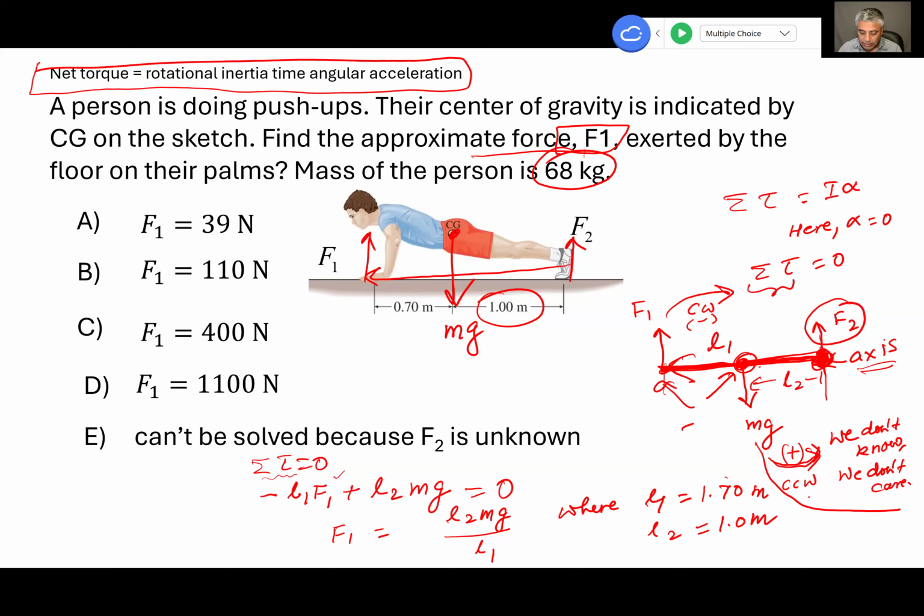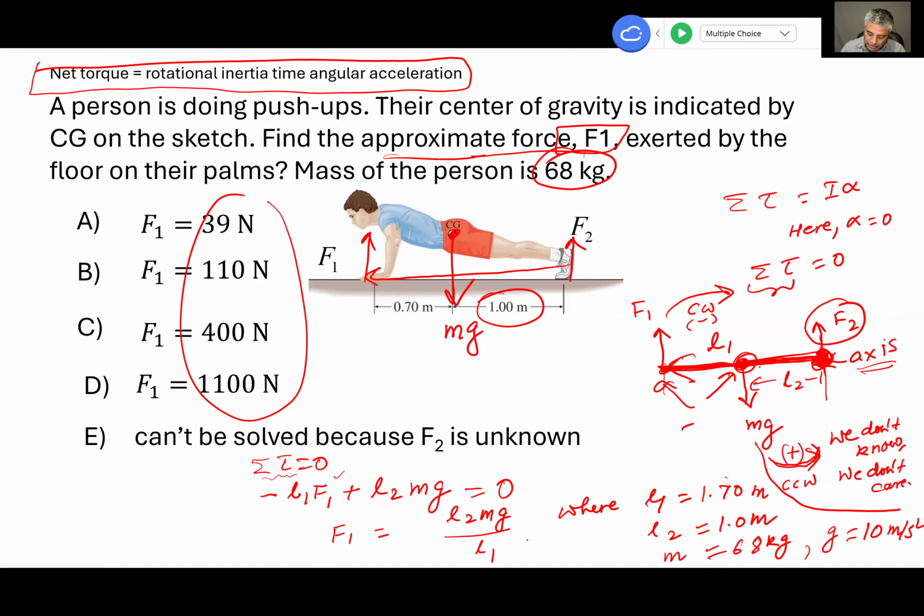And of course, the mass is given, 68 kilogram. And g, we can use 10 or 9.8. These numbers are given here, and it's just asking for an approximate value. So I'll just use 10, but you can use 9.8 if you like. But I think for me, multiplying is going to be easier that way, right?